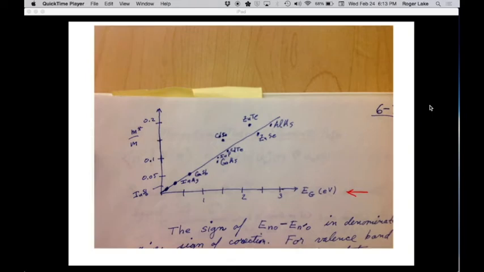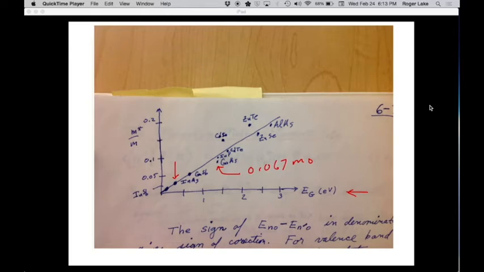And the one I mentioned, indium arsenide, let's see if I can remember my numbers. Gallium arsenide, oh, here's my gallium arsenide. The conduction band mass of that, that one I remember, is 0.067 m0.